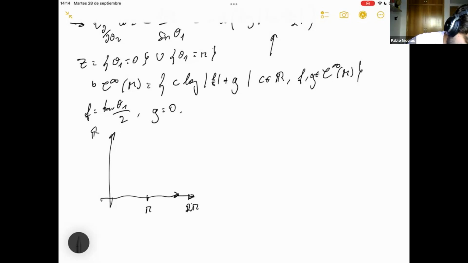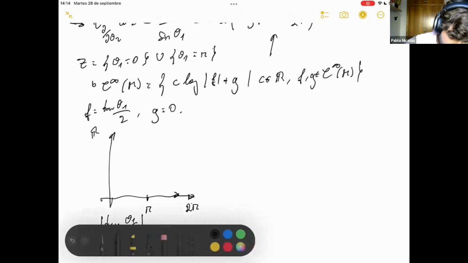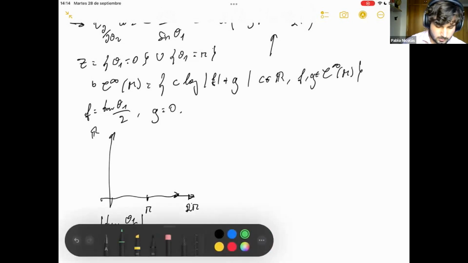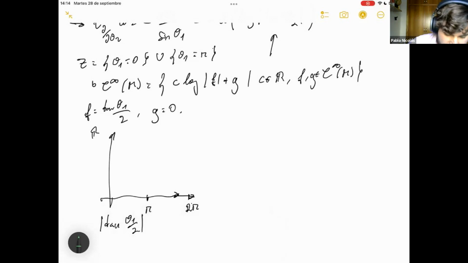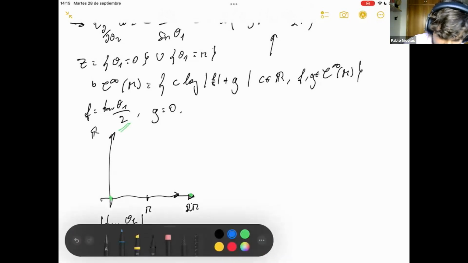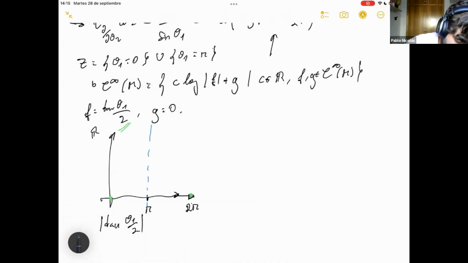So if I draw the absolute value of the tangent of θ1 halves, at 0, this is 0. And at 2 pi, this is 0. And the tangent itself explodes at pi halves, but as we have a 2 dividing here, this explodes at pi. So let me just say this is the point where everything explodes.